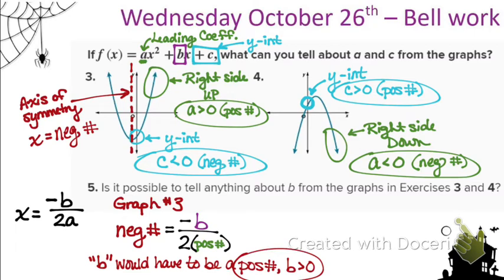Let's try applying that same idea to graph number 4. When I look at that one, would the axis of symmetry be a positive number or a negative number? Positive, because it's over there on the right side.